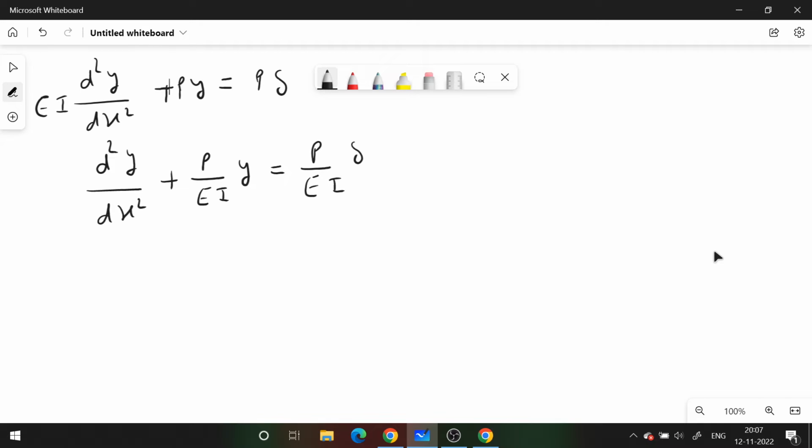This is a differential equation, and we write the solution of this differential equation.